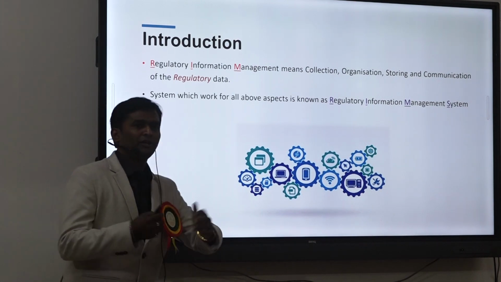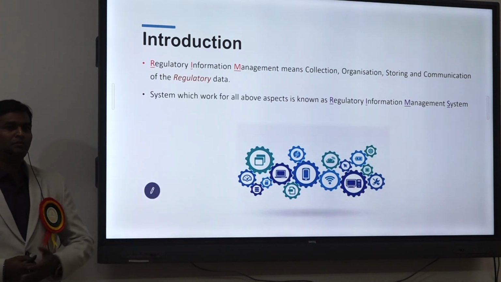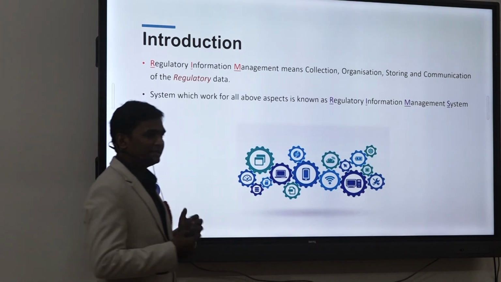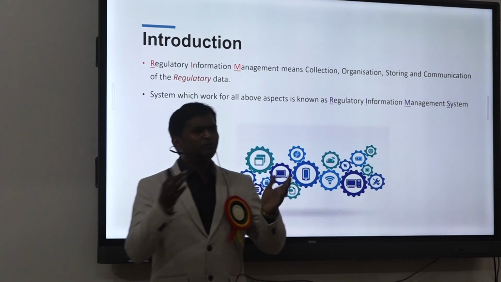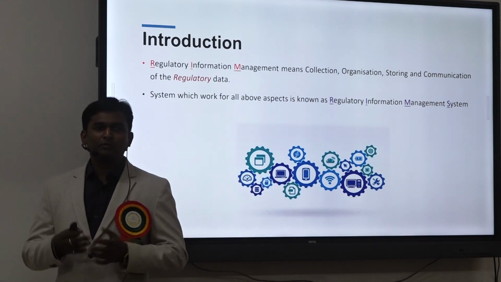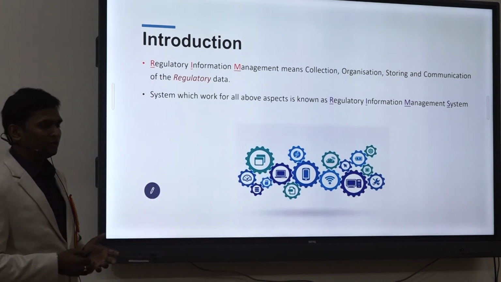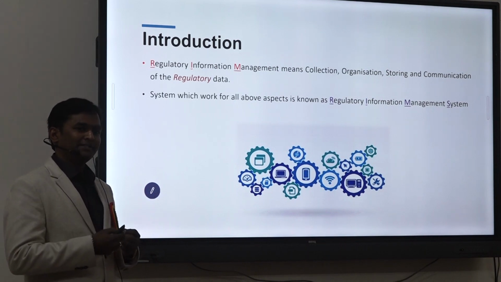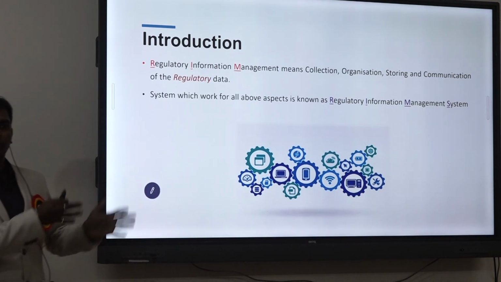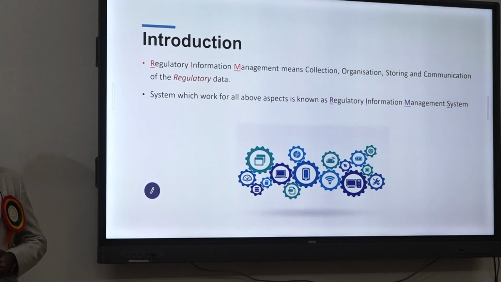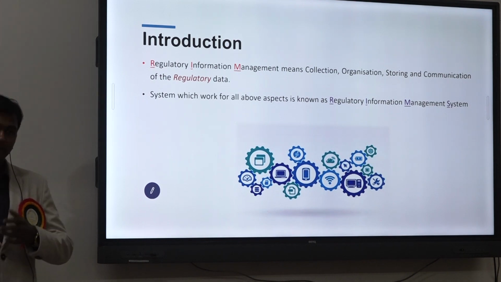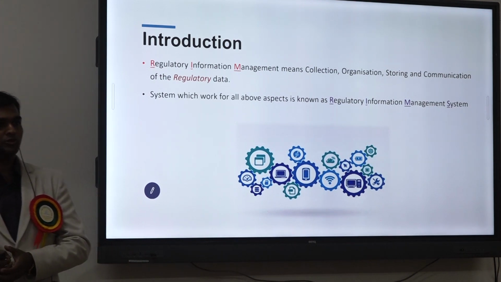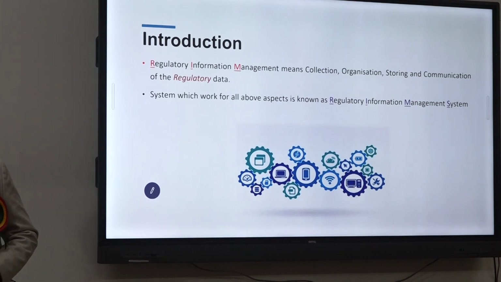Over a period of time, like Amit sir was talking about Microsoft skills, some of us have Microsoft Word skills. They used to have a practice to store their data in Microsoft Word format. Someone will store the data in Microsoft Excel format. Someone will store it in Microsoft PowerPoint presentation format.